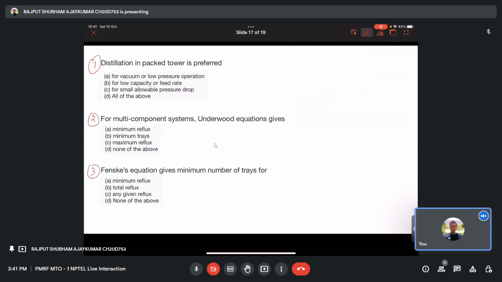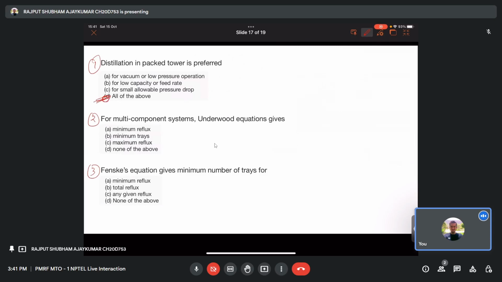It needs a small allowed pressure drop, because if the packing pressure drop is high, it will lead to detrimental problems in the distillation column, which may reduce the efficiency of the separation of the gas and the liquid. So the appropriate answer is all of the above. The packed distillation tower has a low pressure drop.